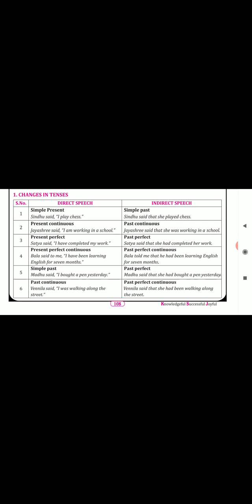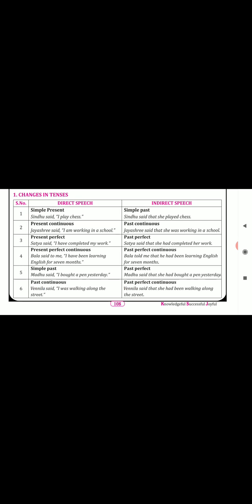That means auxiliary verb had with the main verb in past participle form. So the sentence: Madhu said that she had bought a pen yesterday. Here the verb had bought is past perfect. Had is the auxiliary verb, bought is the main verb in past participle form.